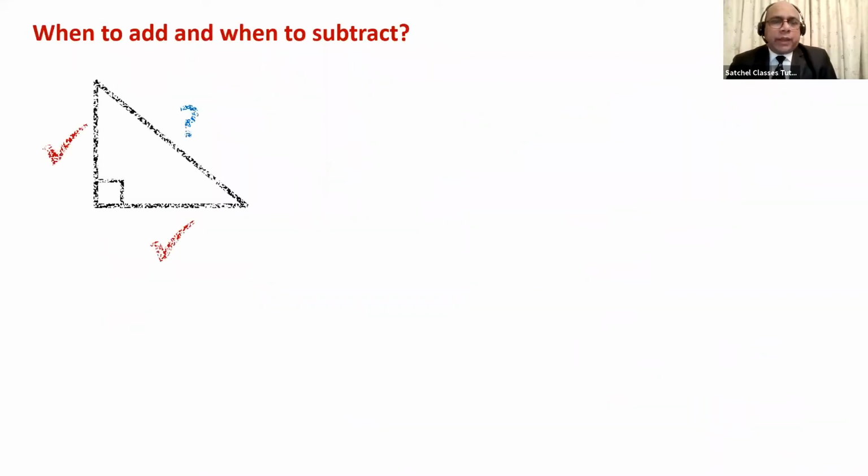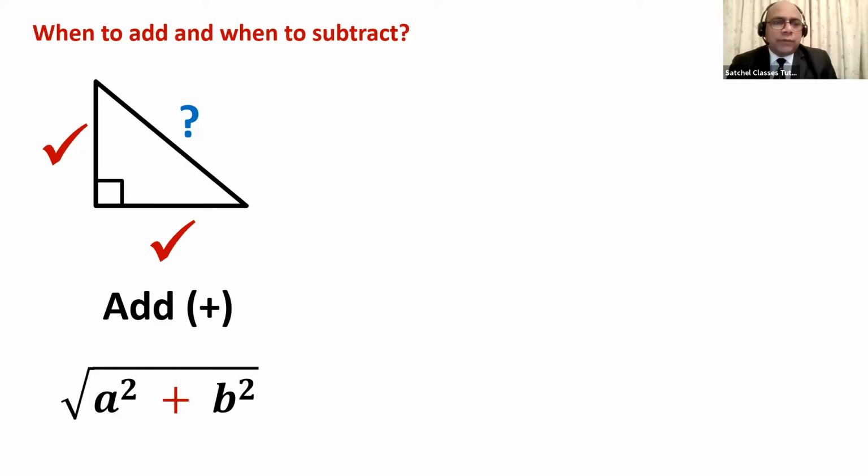Now, when do we know we have to add the squares, or we have to find the difference of the squares? If the hypotenuse is missing, then you use the normal formula, which is with addition: the square root of a squared plus b squared, where a and b are the lengths of the two perpendicular sides.